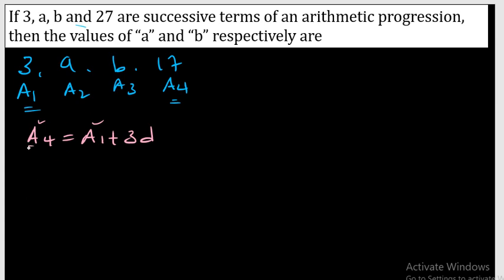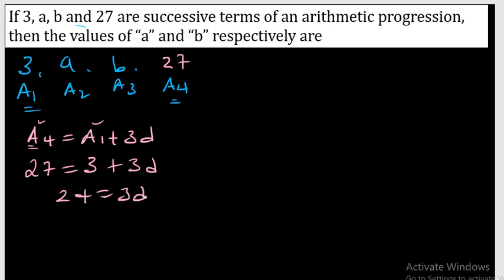So the fourth term, it's given, which is 27. So I can write here 27 is equal to the a1 is 3 plus 3d. If I shift it, 24 is equal to 3d. If I divide by 3 both sides, the common difference will be 8. Now each term will be 8 plus the previous term.